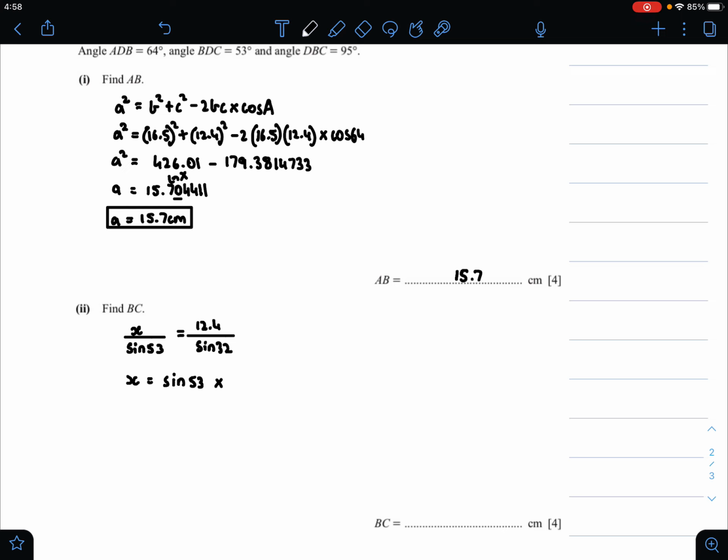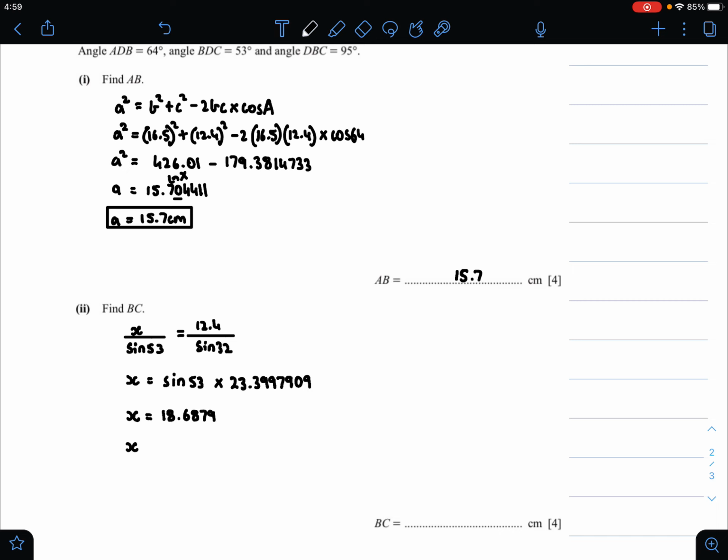So that would be equal to 23.3997909, and therefore the value of x would be 23.3997909 multiplied by sine 53, which is equal to 18.6879.